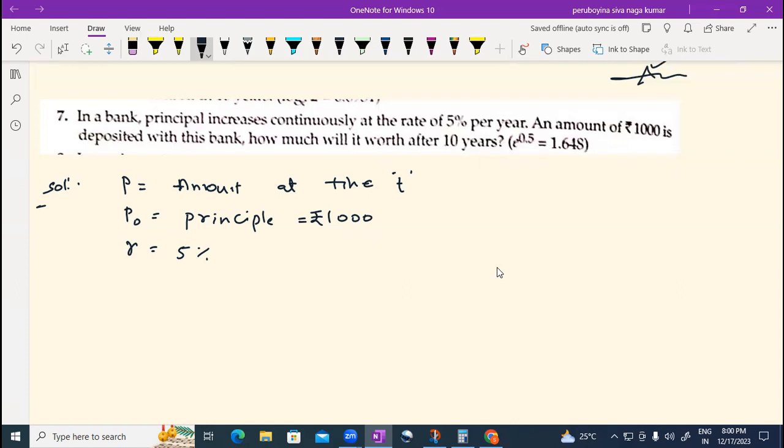5% rate of interest, he said, and 1,000 rupees.